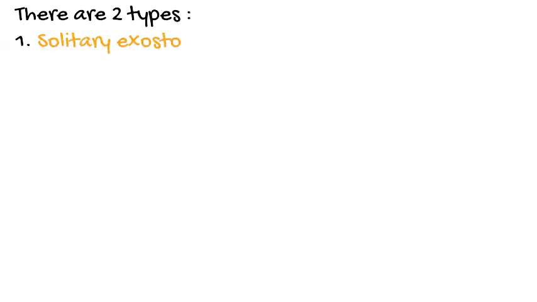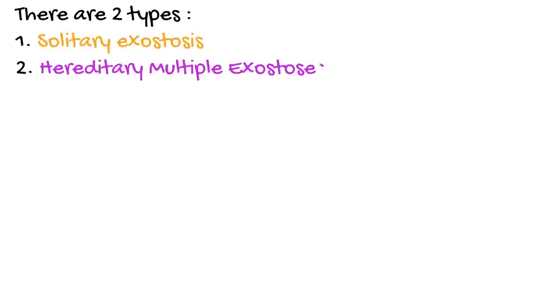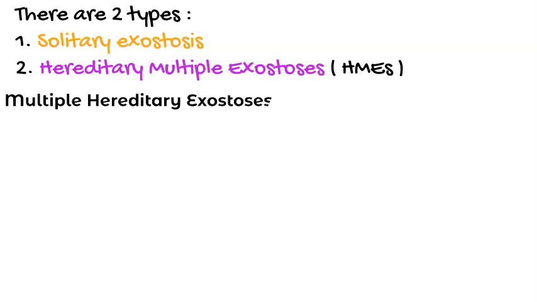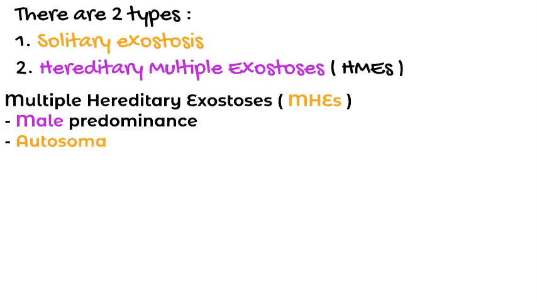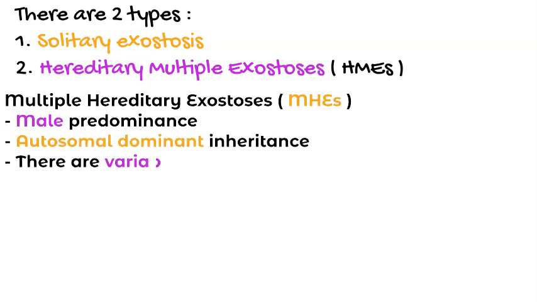There are two types of exostosis. Number 1, solitary exostosis. Number 2, hereditary multiple exostosis, HMEs. Multiple hereditary exostosis usually has a male predominance and autosomal dominant inheritance.